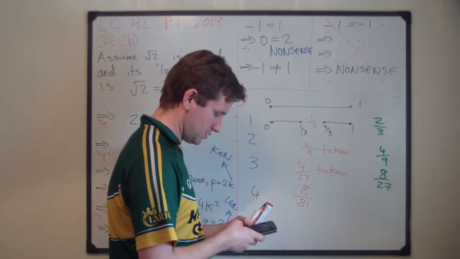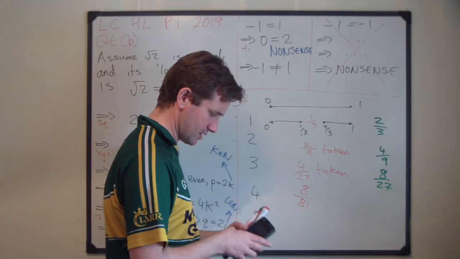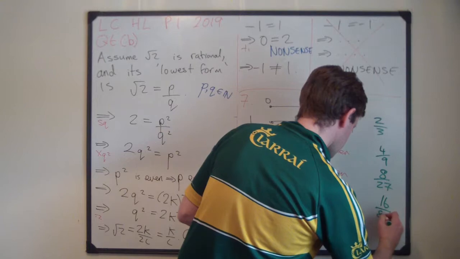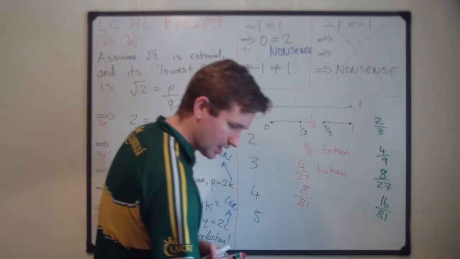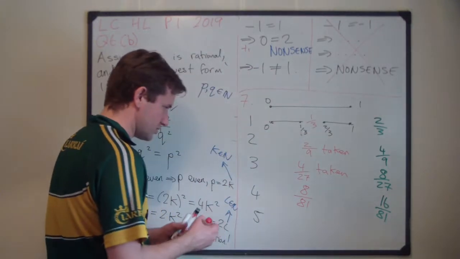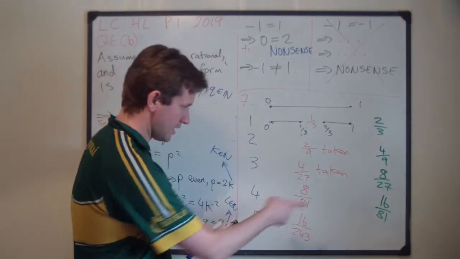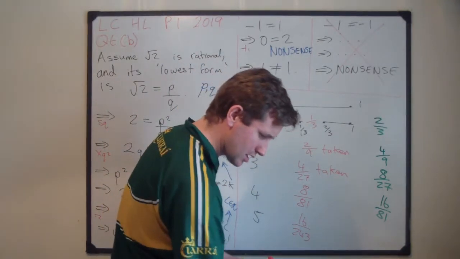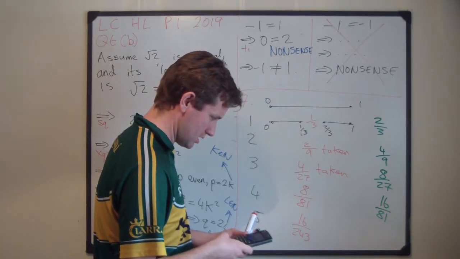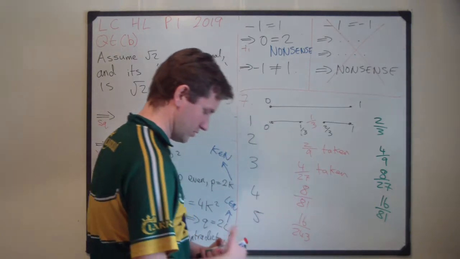You're going to have 8/27, take away 8/81, 16/81. And then you're going to take a third of that. So I'm just going to multiply that by 1/3, and I get 16 over 243. And take that away from 16 over 81, take away 16 over 243, I get 32 over 243.